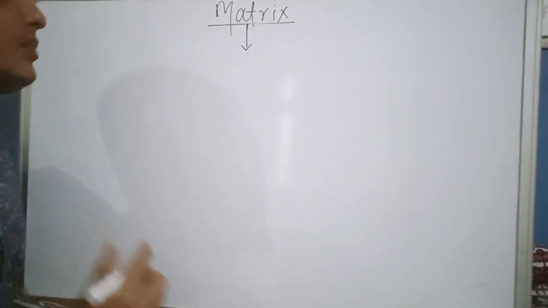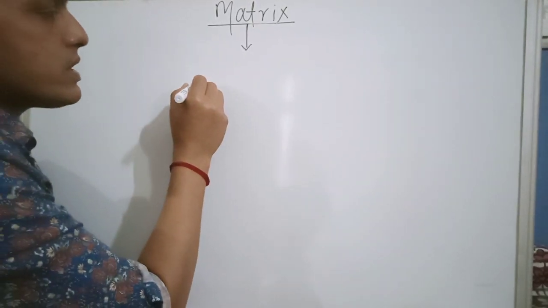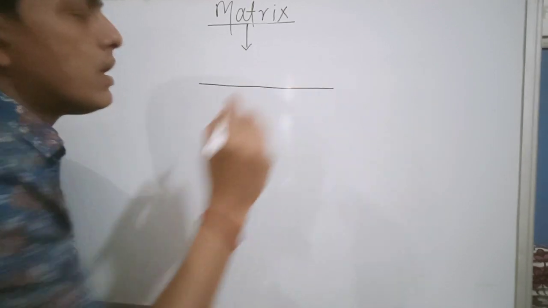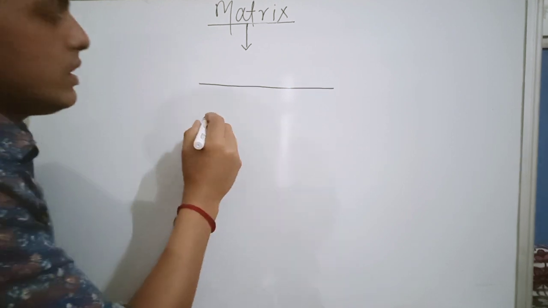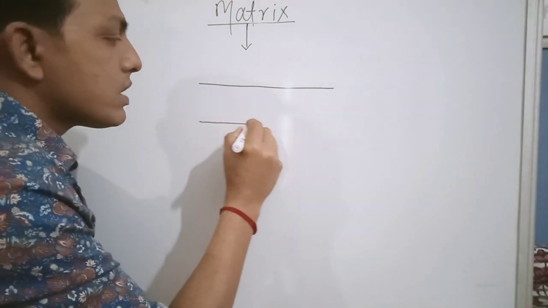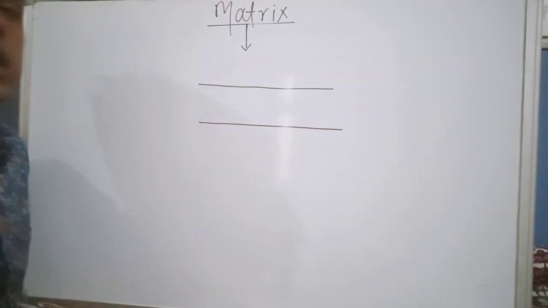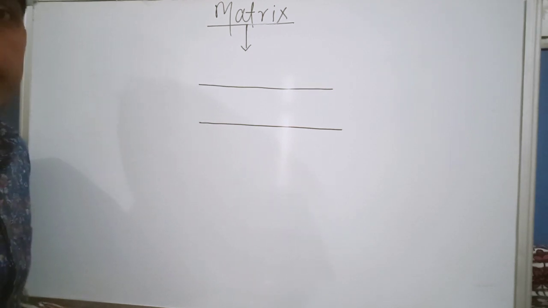See, this is a horizontal line. This is second horizontal line.